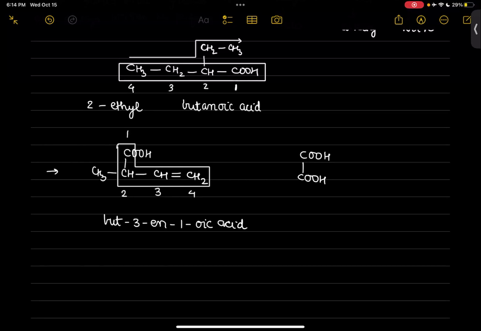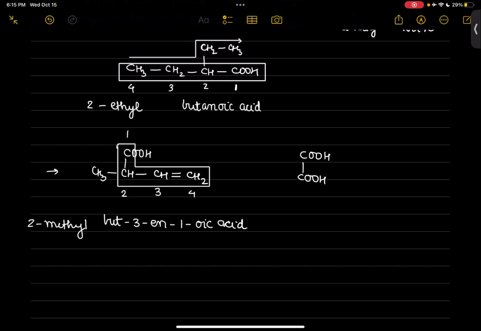Yes, the locant one can normally be omitted if there is no confusion. Actually, the rule says if there is no other locant, you can skip one. But you may find somewhere that one is written, so but-3-enoic acid can also be written. Got it? Next, what about the side chain? 2-methyl. Got it?